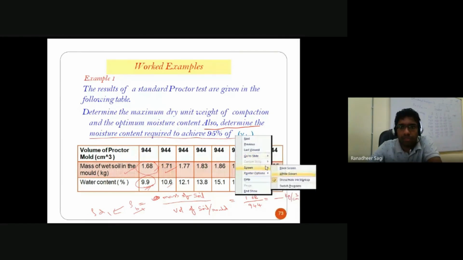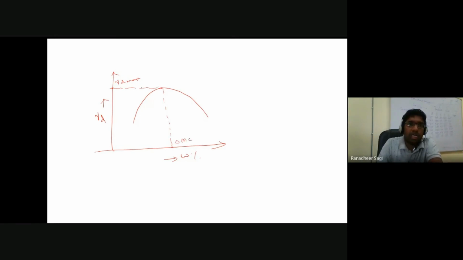Let me go back to that compaction curve again. Water content on the horizontal axis, gamma D on the vertical axis. This was your compaction curve, and we said this point refers to your gamma D max, or rho D max, for the corresponding OMC. Once I know my maximum dry density, this is what is called 100% of your maximum dry density value.